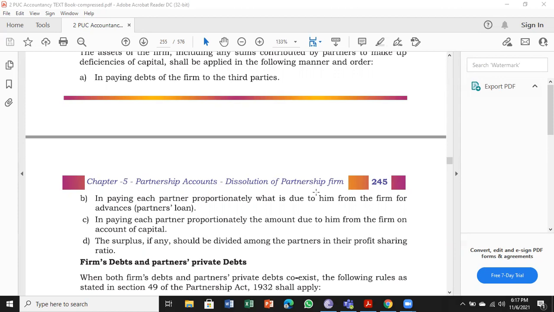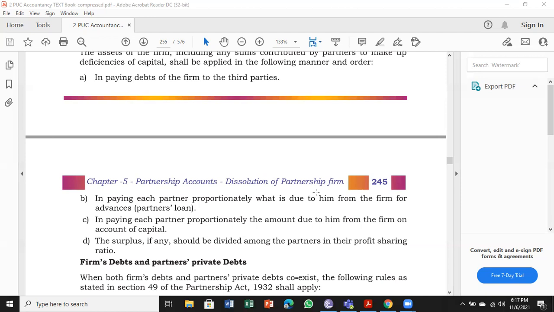Even after paying the partners' capitals, if extra money is still there, we call it surplus. That surplus will be divided among the partners in the profit sharing ratio.